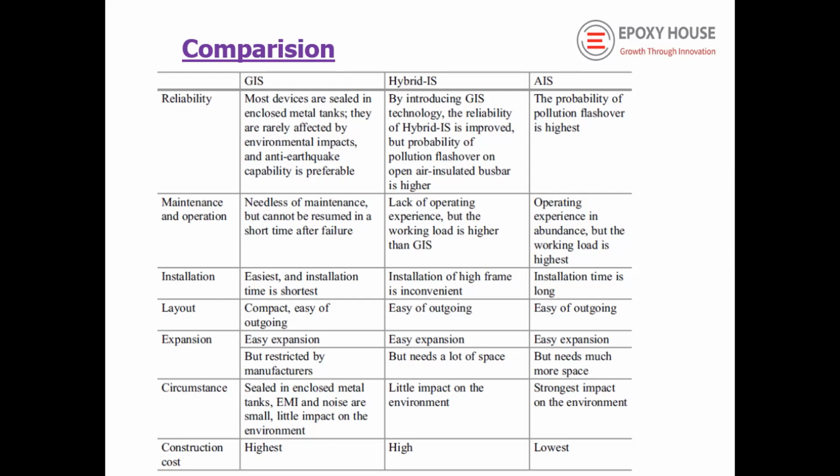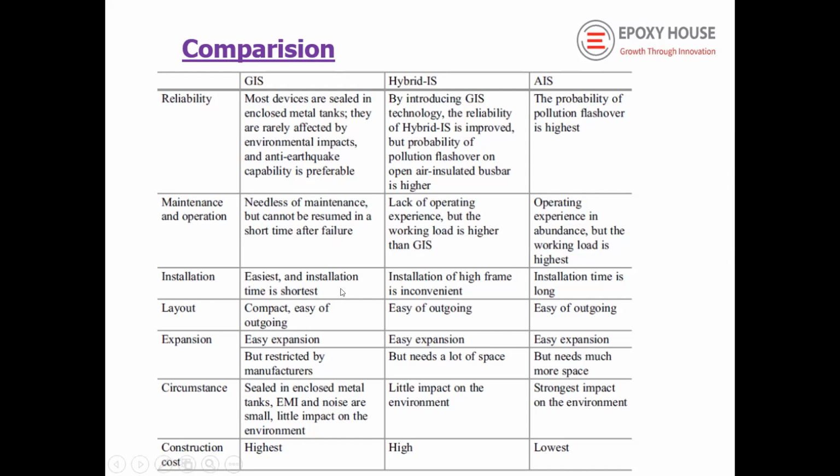Otherwise, it will be difficult, because once you select a single bus bar combination where you don't have spaces with separate enclosures, it is difficult to operate. So we have to design it very properly. With that option, maintenance is very easy in the GIS compared to all other switchgears.